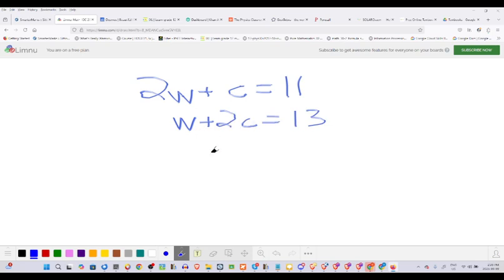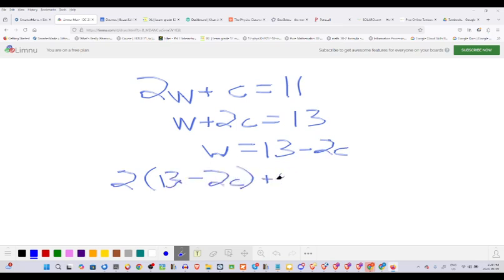So if we were to isolate our watermelon in the second one, substitute it into the first, so we have 26 minus 4c plus c is 11.